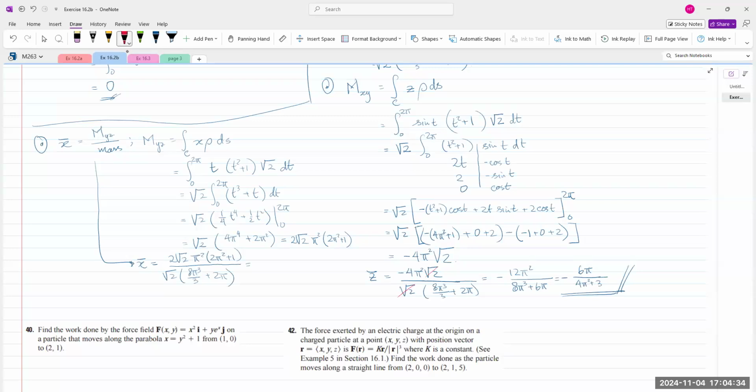Square root of 2 cancels. Let me factor the 2 out, multiplied by 3 on the top and the bottom. Will give me 6 pi squared, 2 pi squared plus 1 over 8 pi cube plus 6 pi. I can factor and cancel 2 pi.